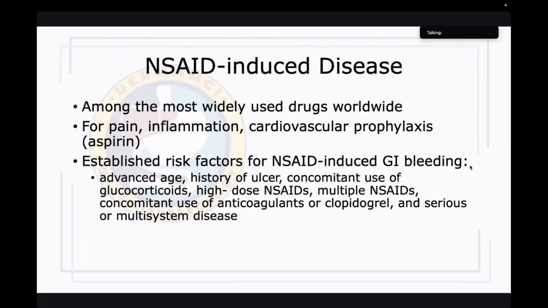So those who are at risk for this would be those with advanced age, those with previous history of ulcers, those with concomitant use of glucocorticoids, high-dose NSAIDs, multiple NSAID use, those with concomitant use of anticoagulants or clopidogrel, those with serious or multisystem disease. So we should always look for these risk factors.